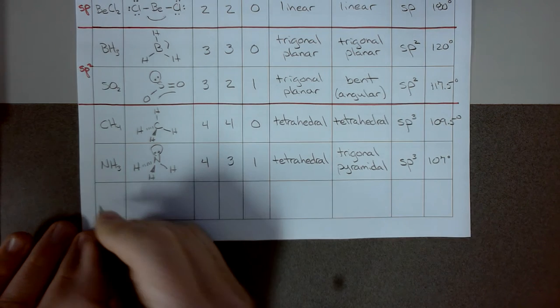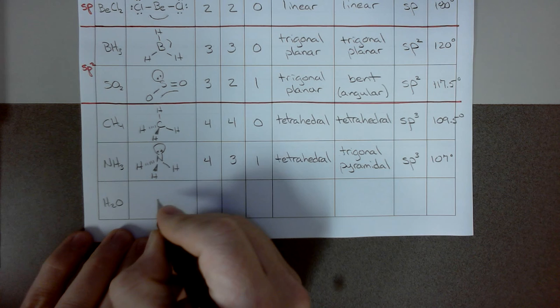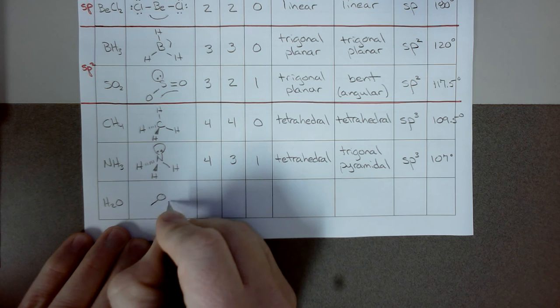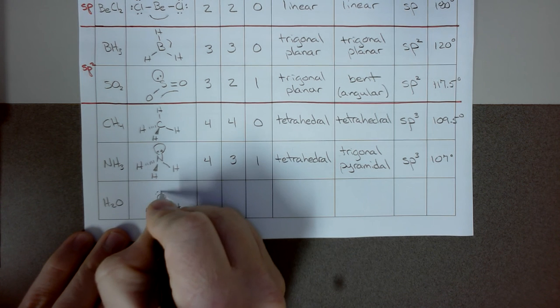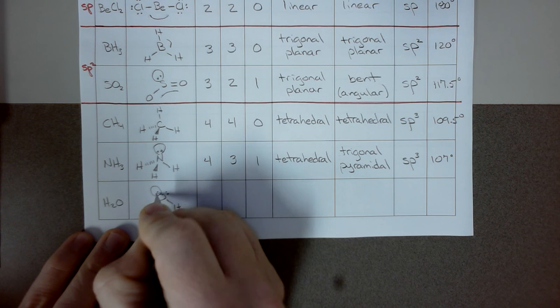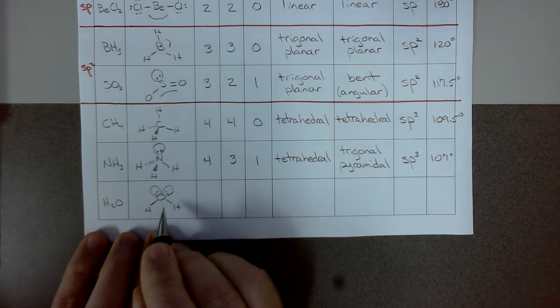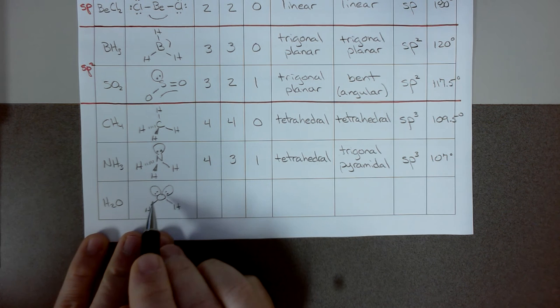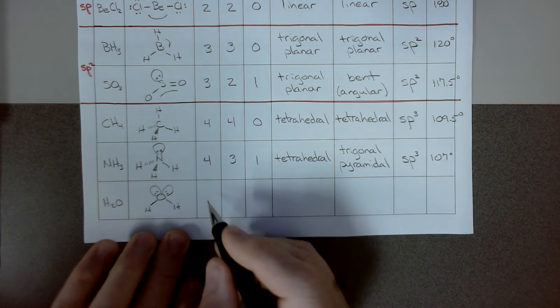And then our last one in this group would be water, H2O. And so we have water with oxygen, hydrogen, hydrogen, lone pair here, lone pair here. Now this is hard to see here, but you kind of have to think of this lone pair going back and this one coming out.